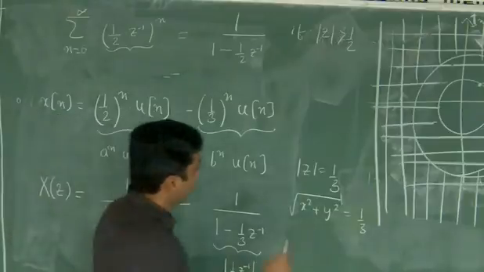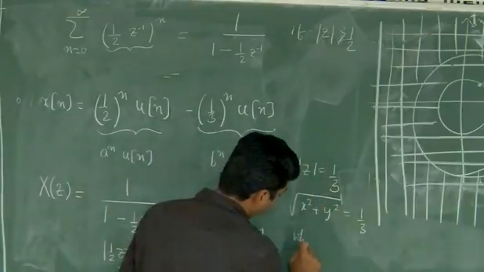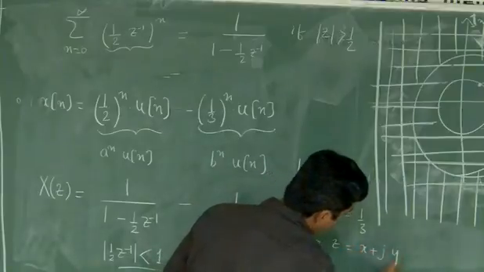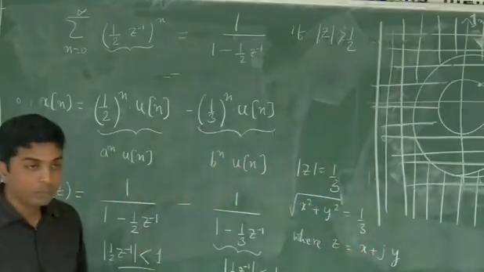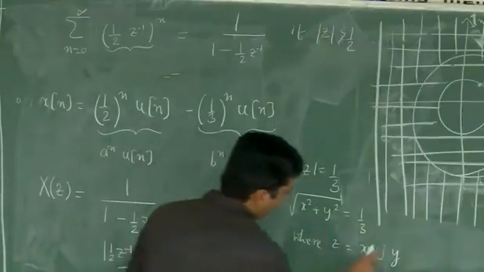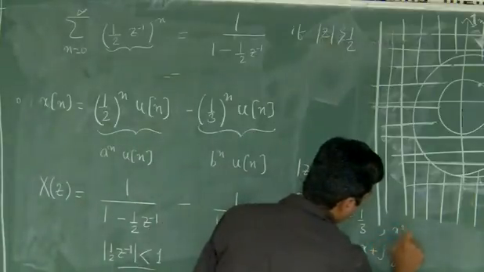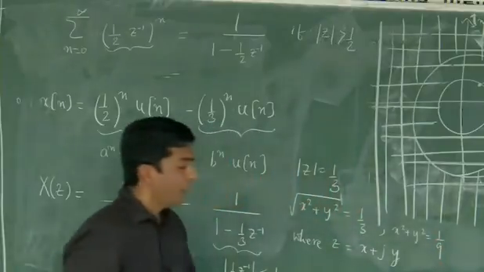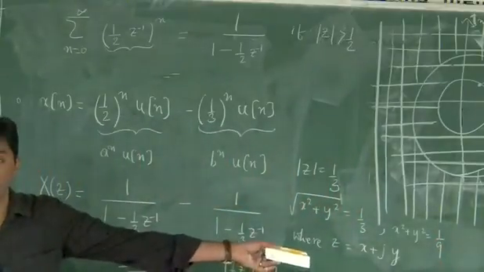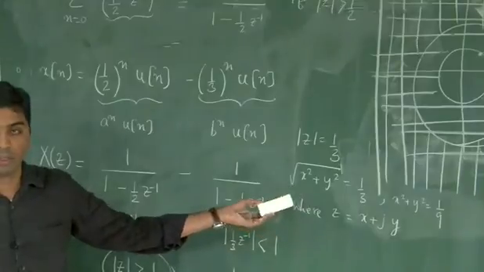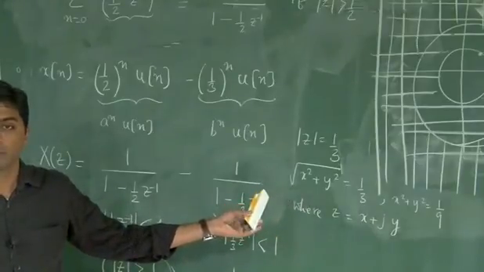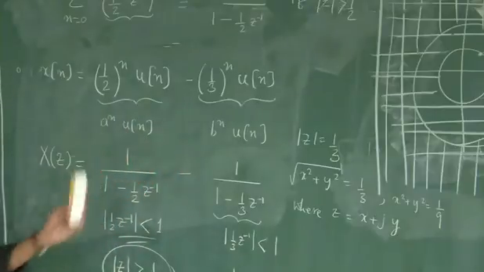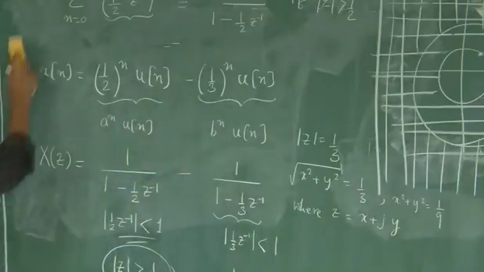Right, where my Z is... and so this is going to become... and that is the equation of a circle, right? Okay, clear? Okay, let's proceed then.